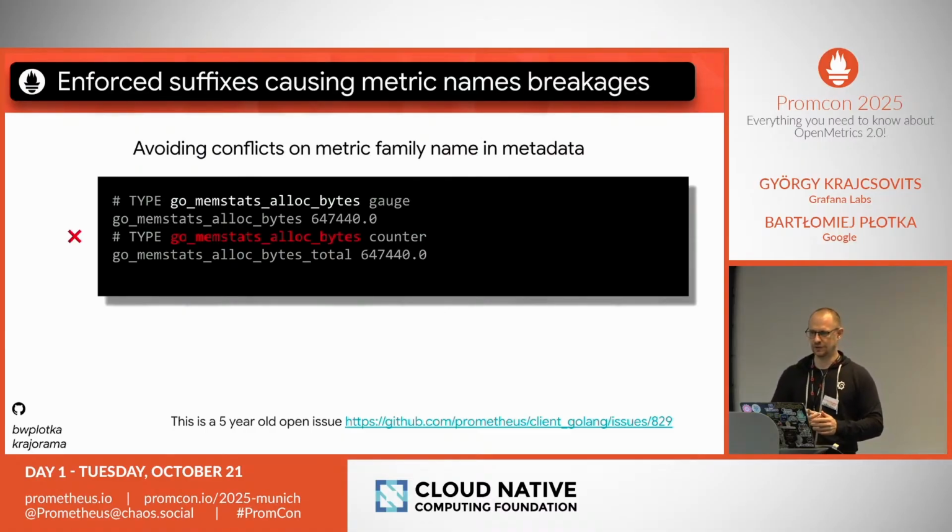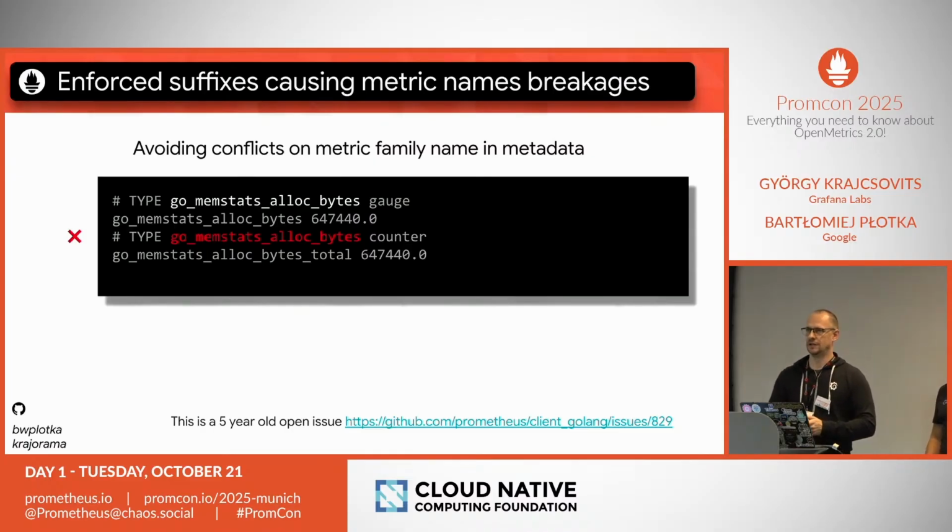But due to the naming conventions, you get the same metric family name, which is in the type line, and it's the same for both. And this is explicitly forbidden by OpenMetrics because it says that all the family names must be unique. And so this is not it.